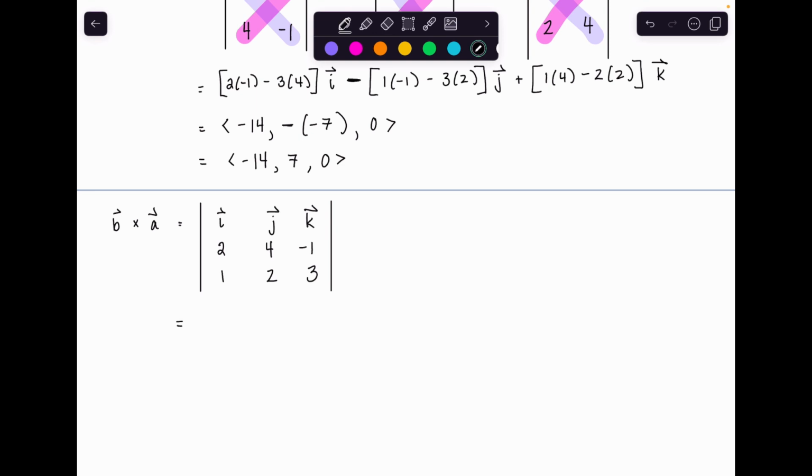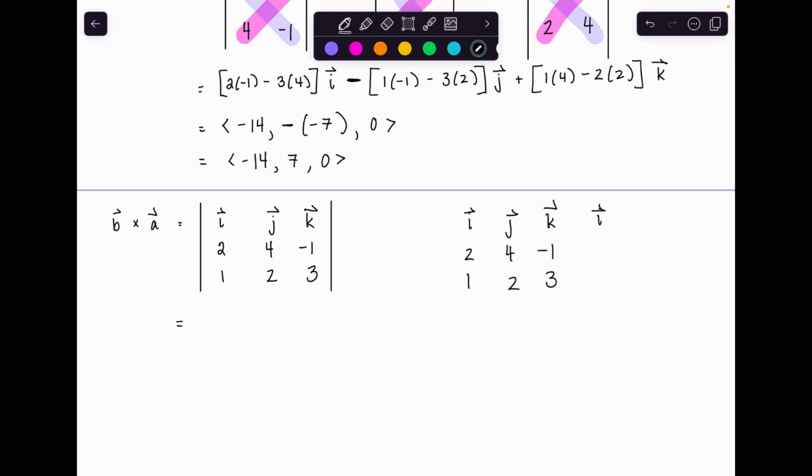So off to the side, I'm going to do just a little bit of scratch work. So we're going to start by just copying the matrix down, I, J, K, 2, 4, negative 1, 1, 2, 3. And then what you're going to do is repeat the first 2 columns.